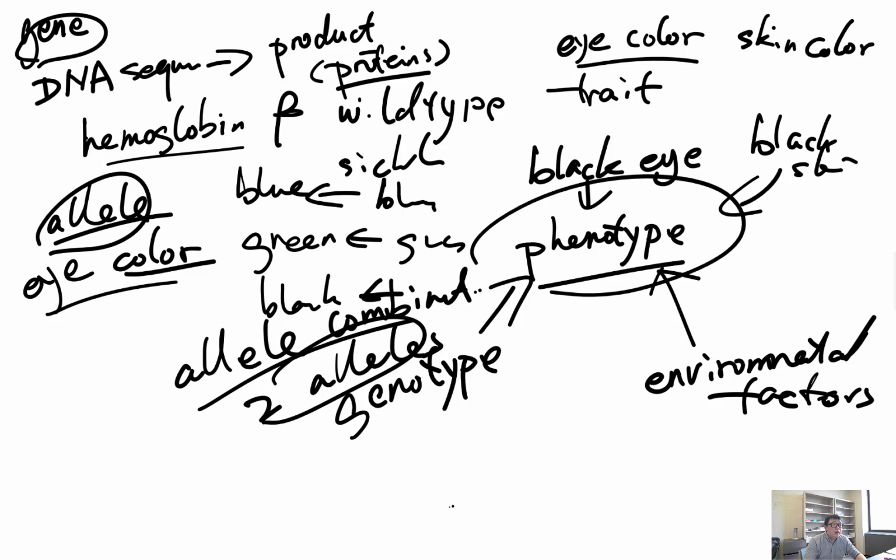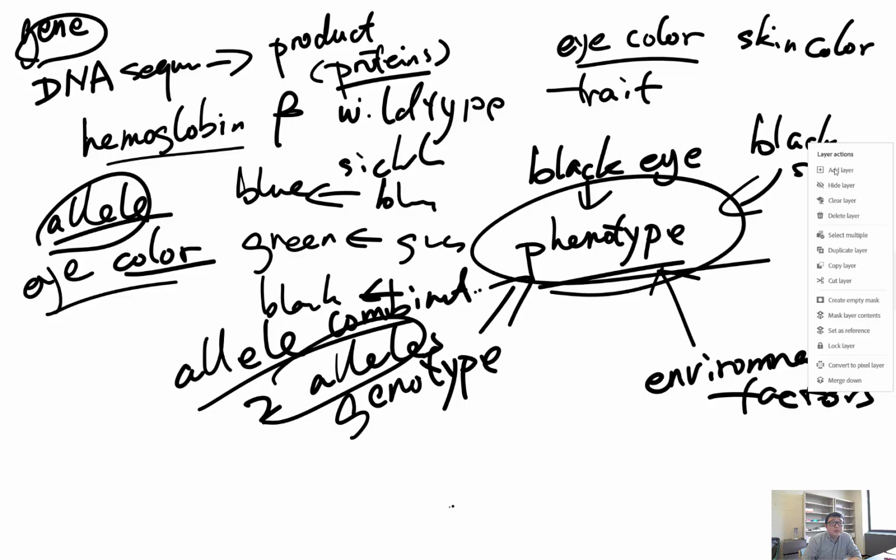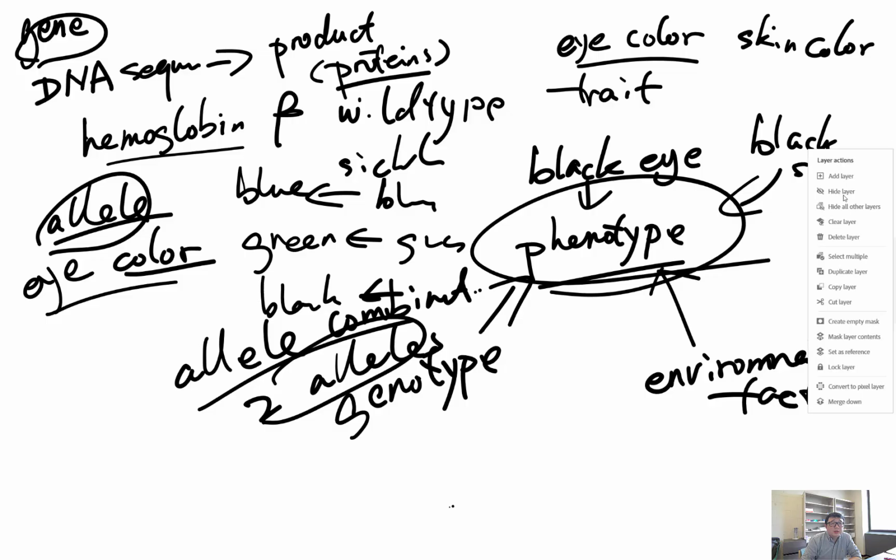So almost every phenotype in humans, not all but almost every one, is the combined effect of genotype and the environment. These are some of the fundamental basics. After learning these fundamental concepts, now let's talk about how genetics works.